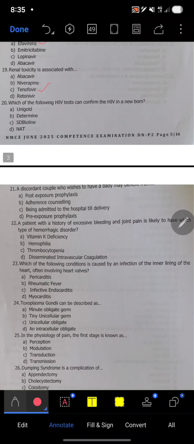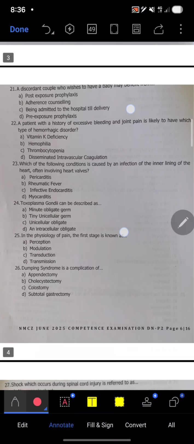Question 20, which of the following HIV tests can confirm the HIV in newborn? And the correct answer, of course, is D, which is the NAT test, which is the nucleic acid test. This is the one that can confirm HIV in a newborn.